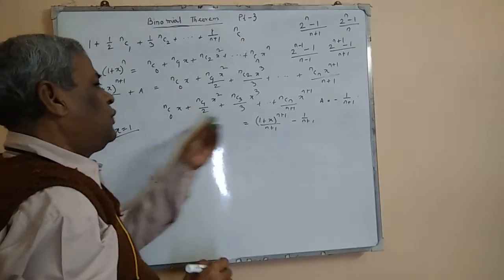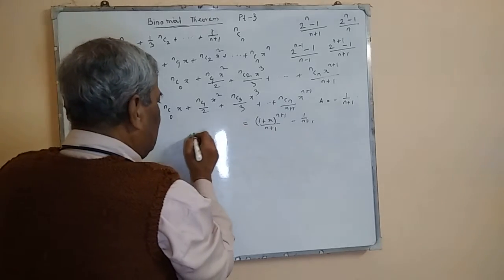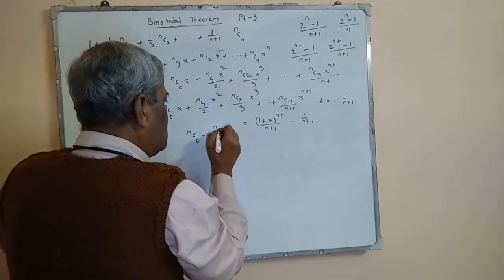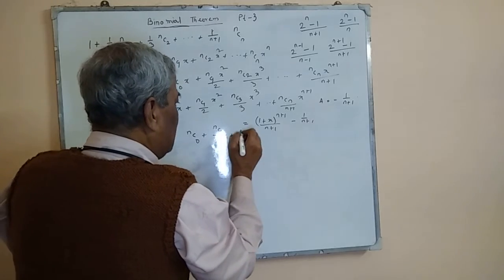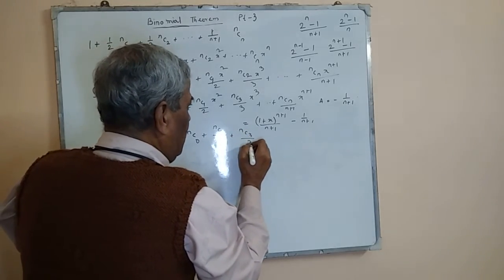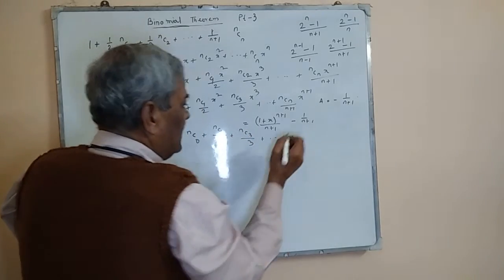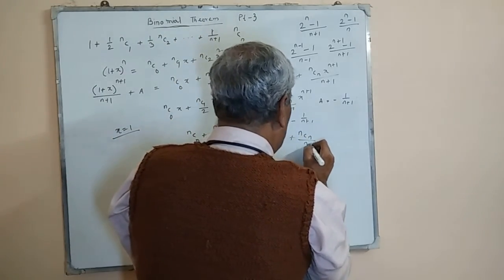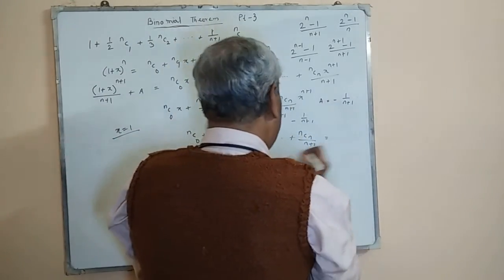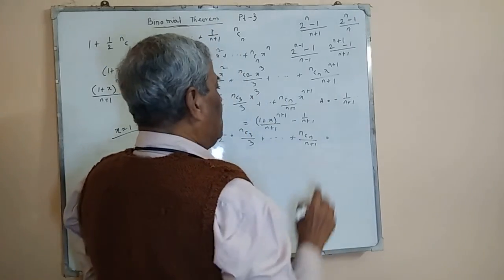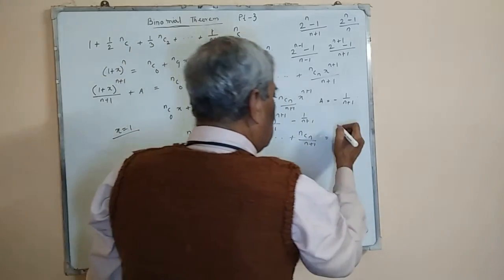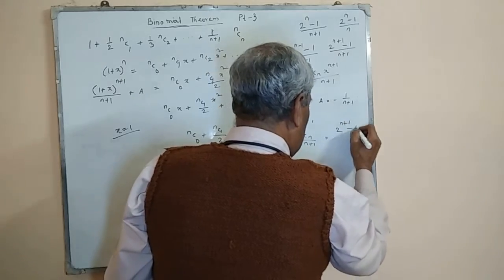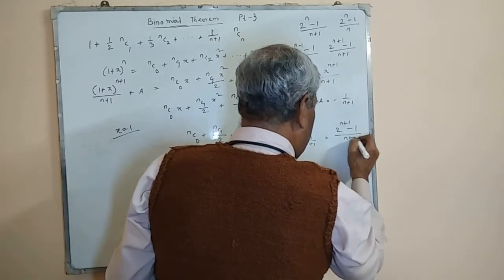Putting x is equal to 1 on both sides, the result is nC0 into 1 plus nC1 by 2 plus nC2 by 3, this way the last term is nCn by n plus 1, is equal to, here also I have to put x is equal to 1, so 2 to the power n plus 1 minus 1 by n plus 1.